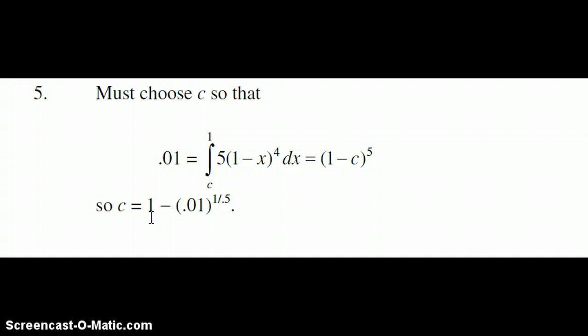Another way that you could do this, you could set 0.99 equals the integral from 0 to c of the same function here. So basically looking at it, the part that meets the conditions versus the part that doesn't meet the conditions.